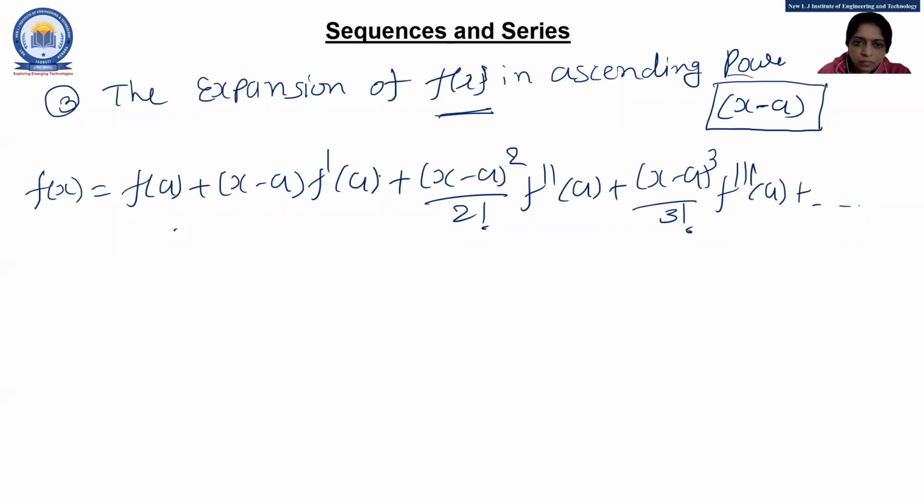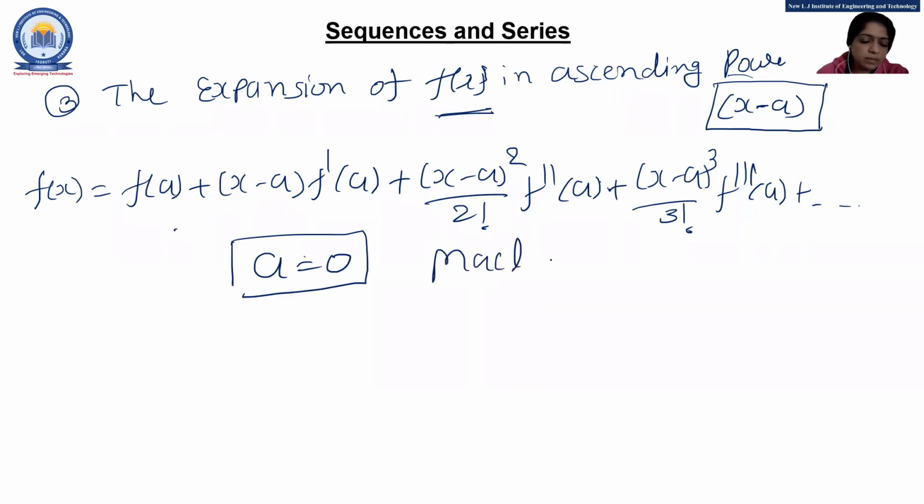And if we replace a equal to 0, listen carefully. If we replace a equal to 0 in the above formula, then we get the Maclaurin series.